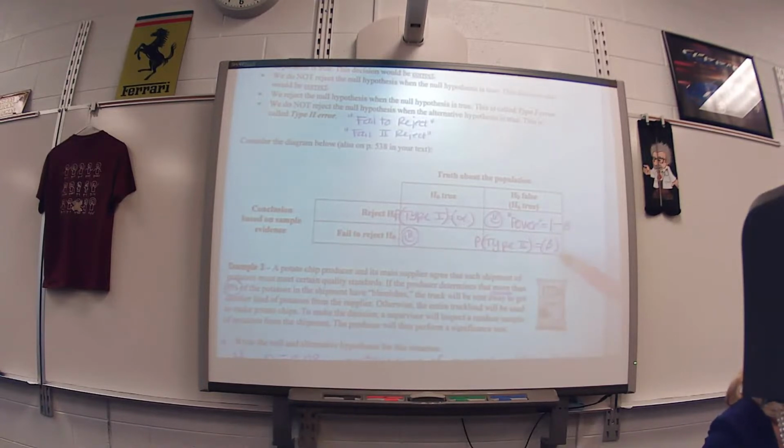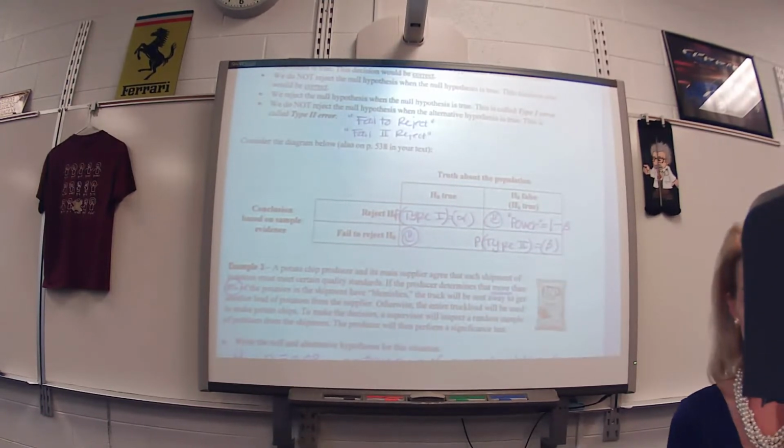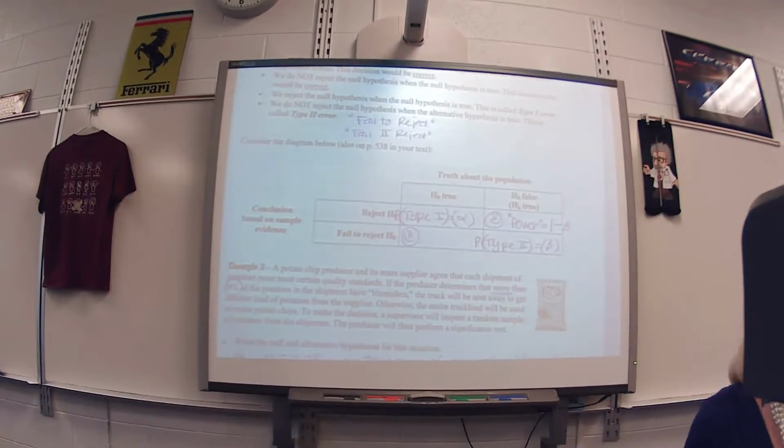And in the same way that this is 1 minus beta, you could probably call this 1 minus alpha, but this tends not to be considered. Again, these are not completely complementary. Alpha and beta don't add up to 1, but as you decrease alpha, you will increase beta.